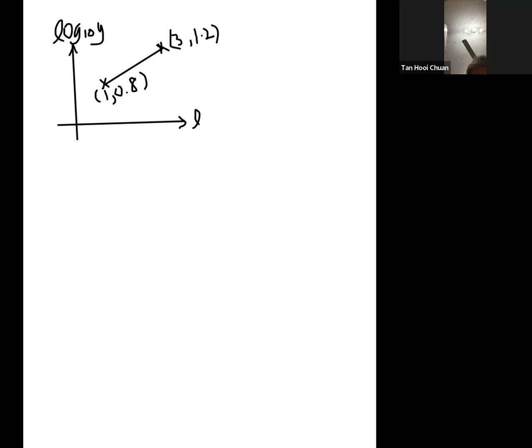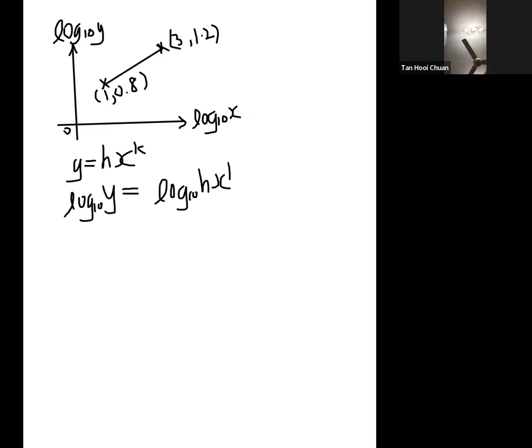Then y equals h x power k. For this case, of course, you can change it to linear form easily because later your m is just one unknown. So this question, no problem.